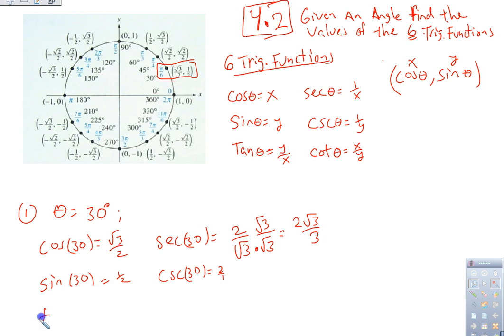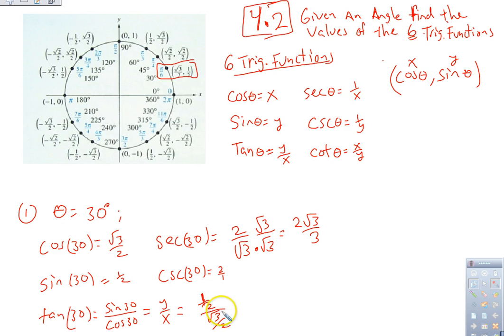Moving on. Tangent of 30. The definition of tangent is that it's sine over cosine, or y over x. So let's take a look at the parentheses again. What is y? y is 1/2, and x is radical 3 over 2.